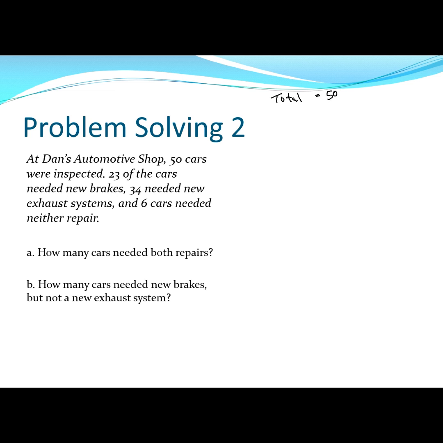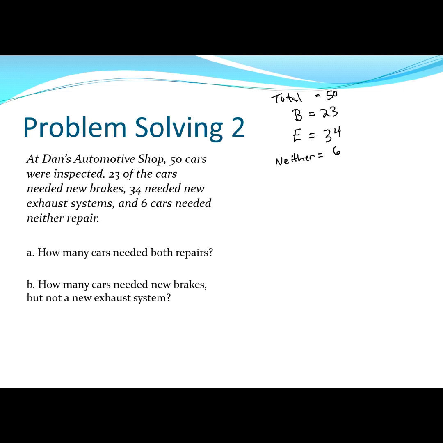Let's see, it says the ones that needed brakes, B for brakes, that was 23. The ones that needed new exhaust systems, that would be 34. And then we have neither, which would be 6. All right, so let's figure out what the numbers are going to be.